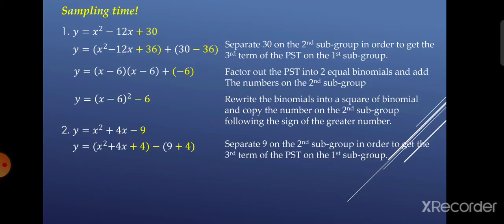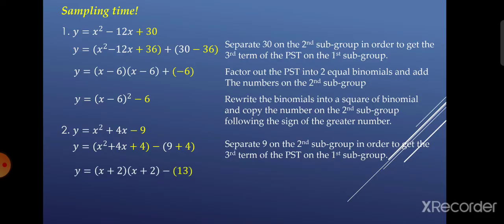Why plus plus? Because our third term in the given equation is negative, so the in-between operation of the two subgroups is minus.